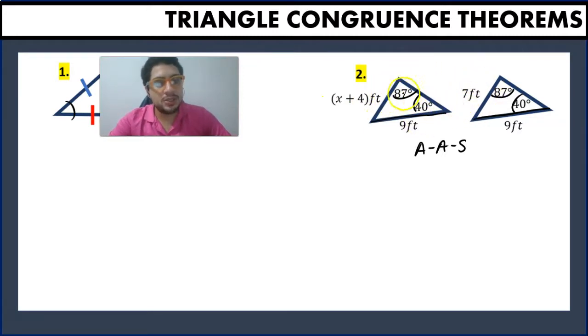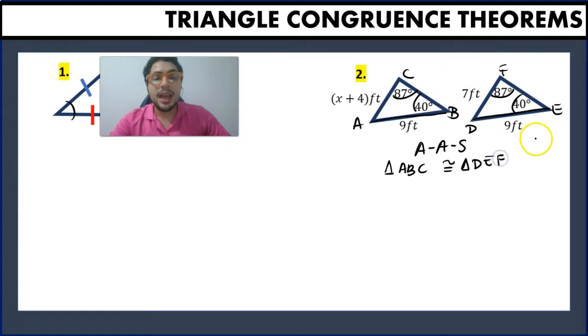After we know that these two triangles are congruent, so for example, A, B, C, D, E, F, we can conclude by the AAS theorem that the triangle ABC is congruent to the triangle DEF. After we know that, we also know, because they are congruent, that AC is congruent to DF.